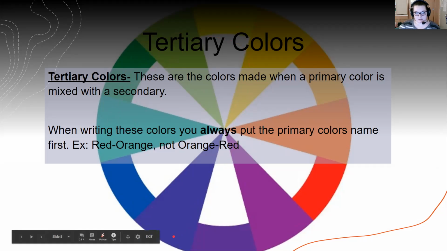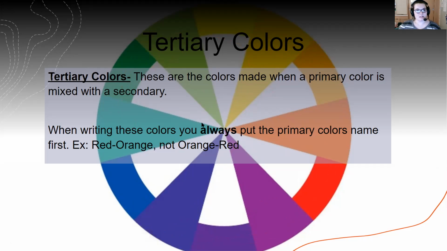See how I'm putting the primary color name first? So over here is yellow-orange, and then red-purple. So these colors are made when a primary color is mixed with a secondary color.